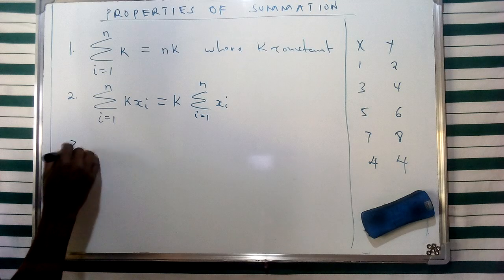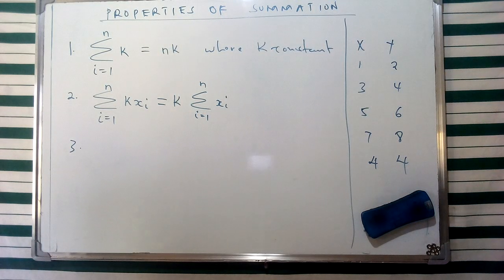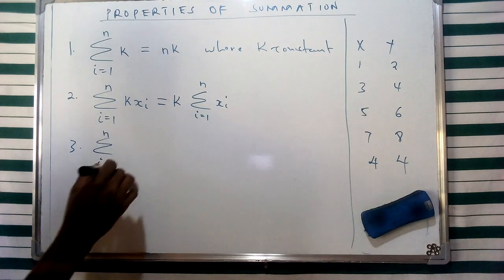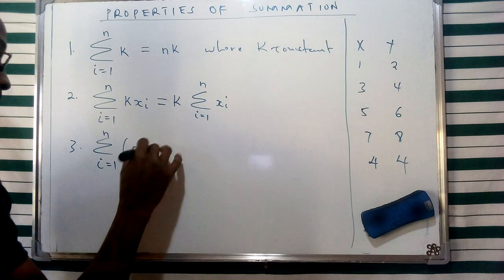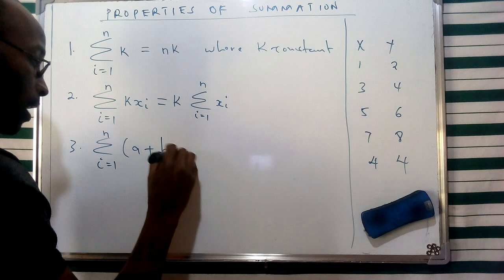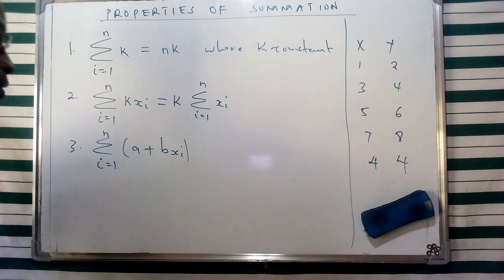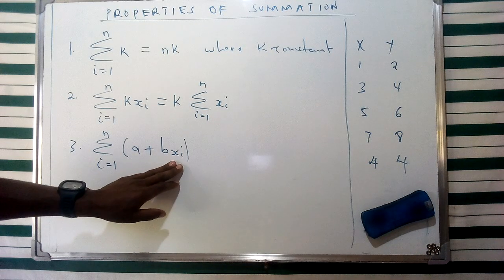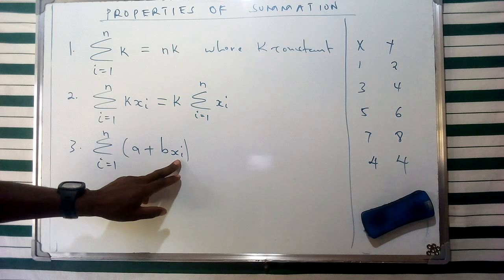So suppose we have another representation of the summation from i equal to 1 to n of a plus b xi. This constitutes two constants, a and b, and we're going to see that the constant b multiplies this value xi.